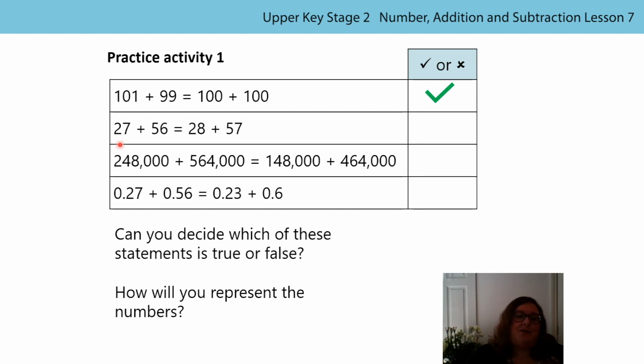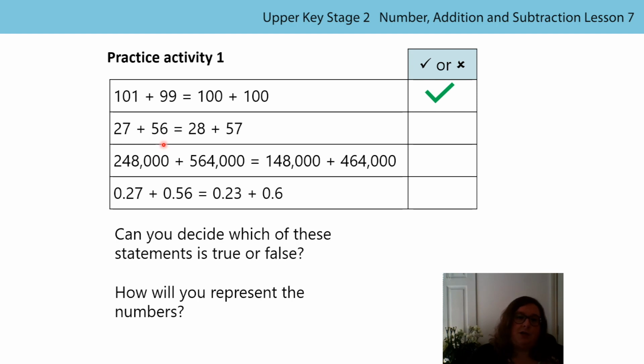This time we've got 27 and 56 is equal to 28 add 57. Okay, let's see how the addends have changed. 27 has had 1 added to it to make 28. So if I've added 1 to one addend, I should have subtracted 1 from the other addend.